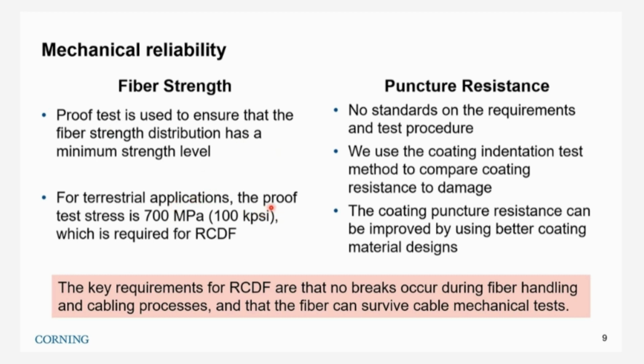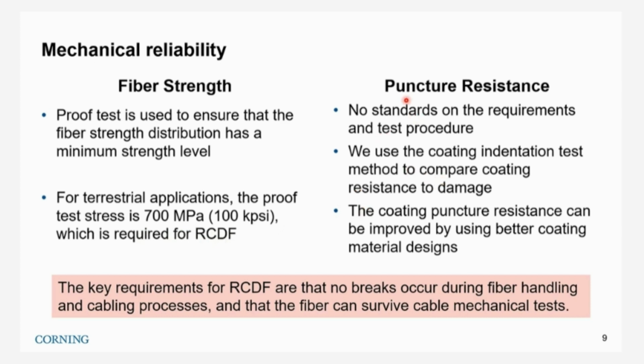For terrestrial applications, the proof test stress level is 700 megapascal or 100 kpsi. This requirement has to be met by the reduced coating diameter fiber.